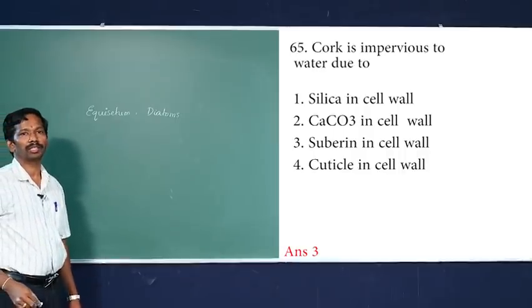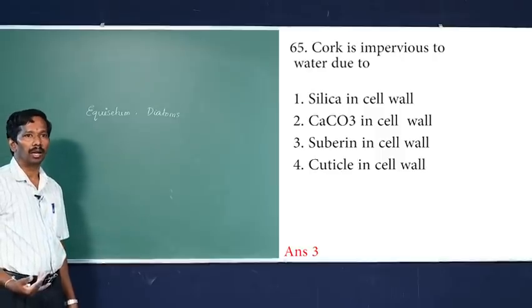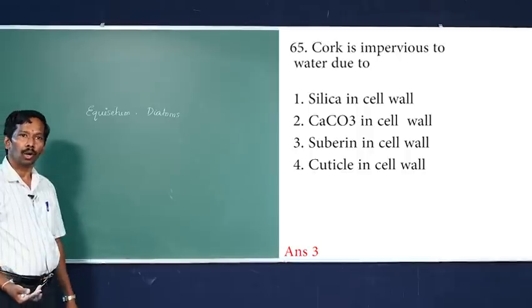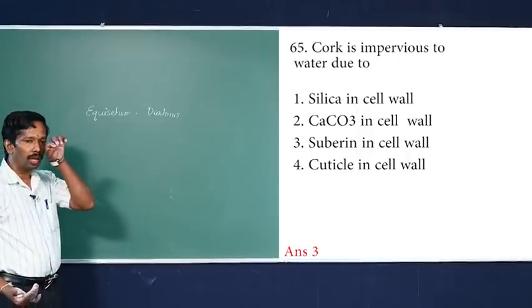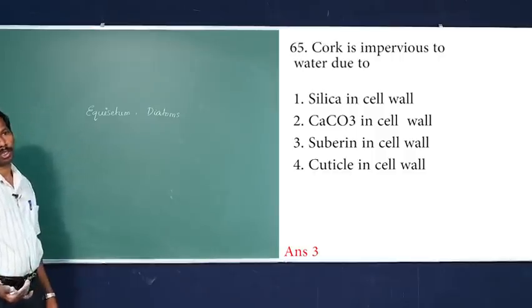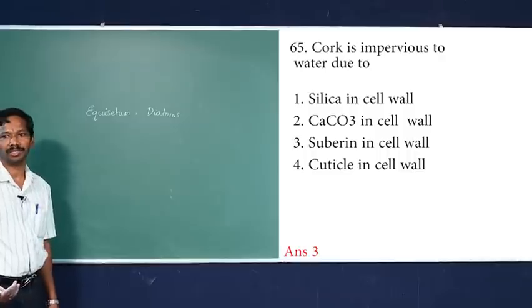Calcium carbonate is in cell walls of certain members like Colocasia, representing calcium carbonate crystals, and cuticle is present on the outer epidermis of dicot stem, monocot stem, as well as exposed portions of the plant body. So therefore option 3 is the answer for question number 65.